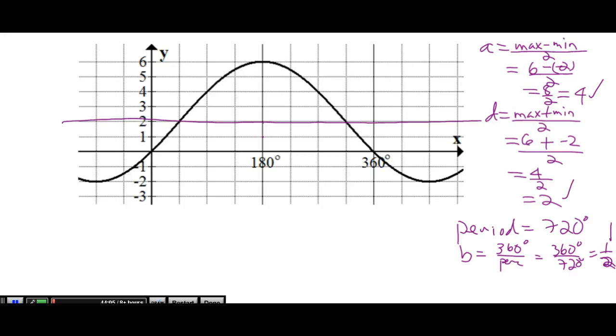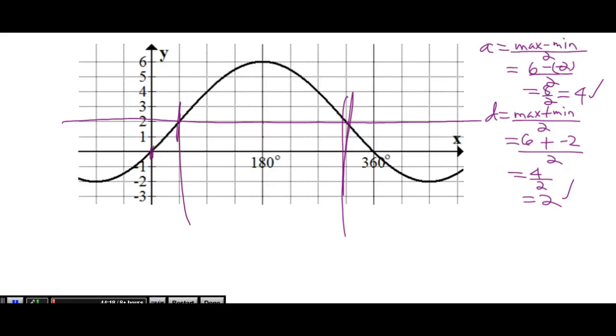Things differ by phase shift. Oh, right. Sorry. Yeah, you're right. I should have gone from here to here. That would have been one period. Okay. 1, 2, 3, 4, 5, 6, 7, 8, 9, 10, 11, 12, times 45.